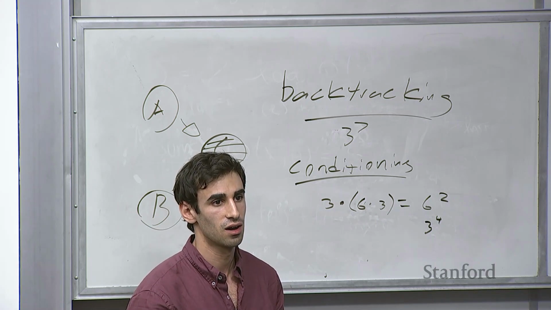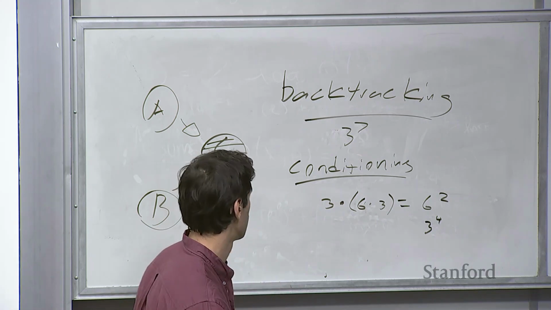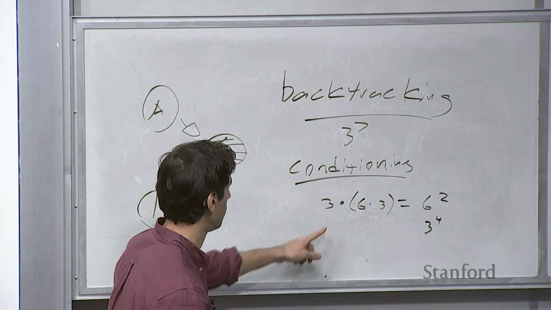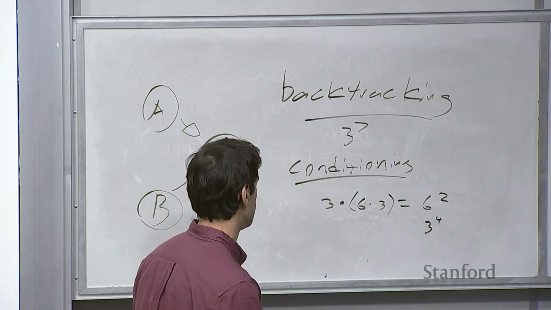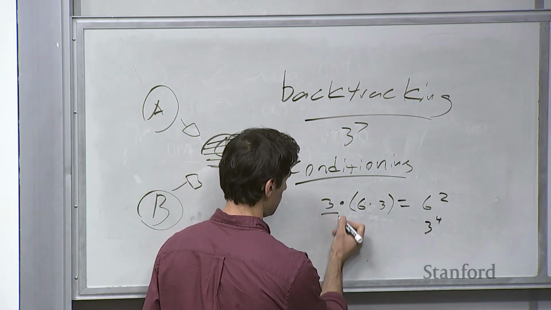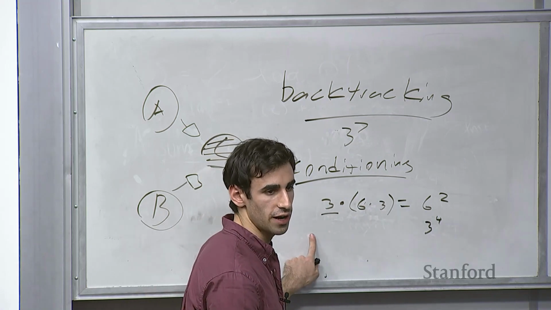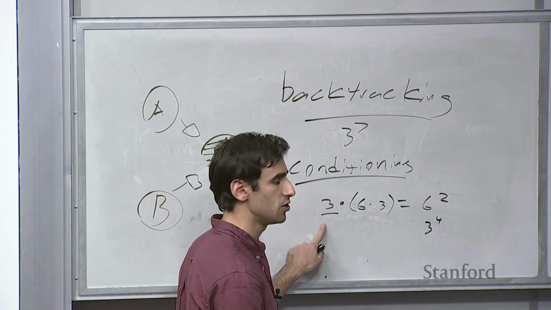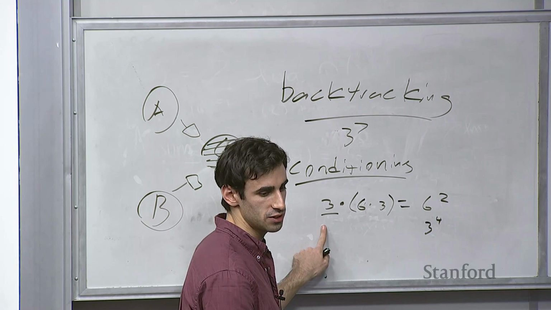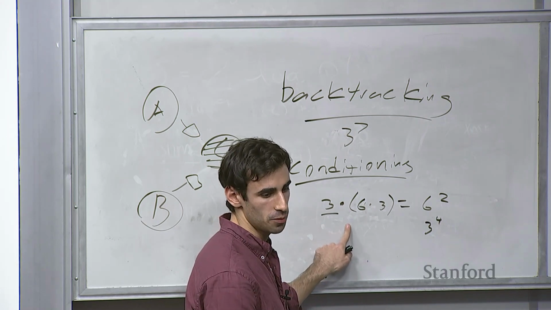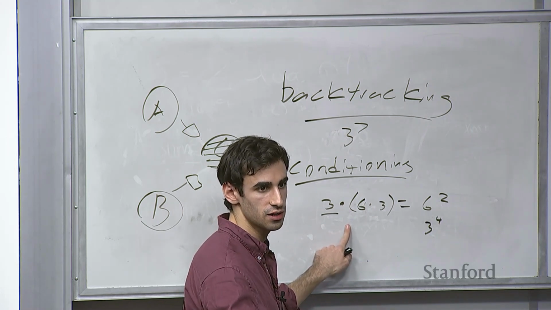Can you explain how you're getting that value or that computation, like for the condition down here? Yeah. So this is saying that there's 3 colors for x1, and then every time I choose a color for x1, there's 3 options for each of the 6 other things.